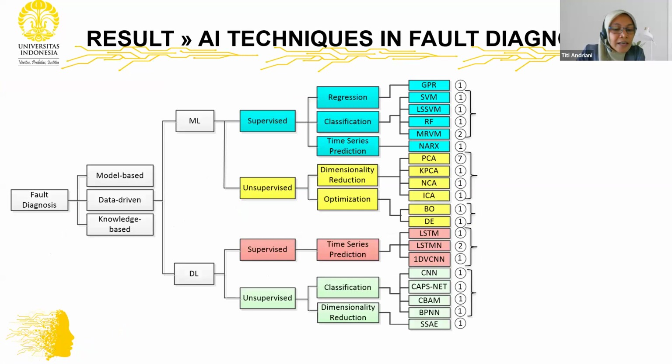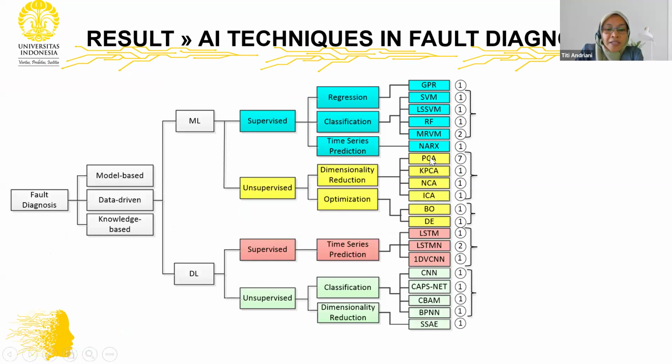Various AI techniques have been implemented to improve fault diagnosis in BESS. The study indicates that machine learning techniques are increasingly used in battery energy storage system fault diagnosis, with 19 papers discussing this method.